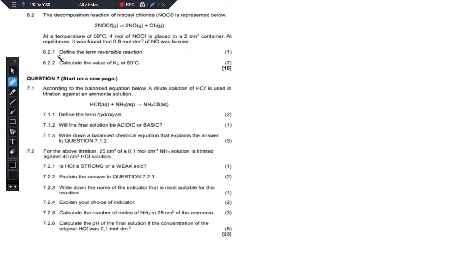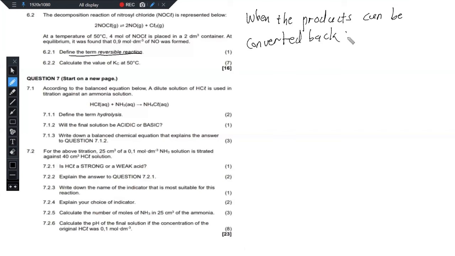Then 6.2.1 says define the term reversible reaction. So another definition right there. A reversible reaction is when the products can be converted back to reactants.